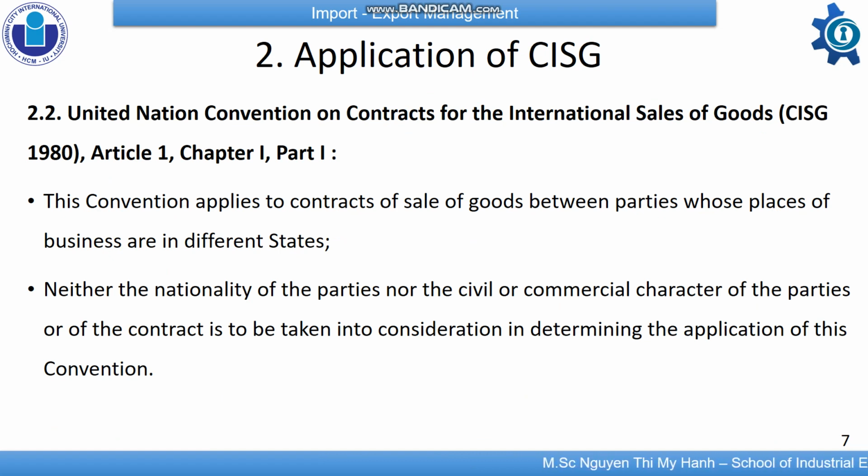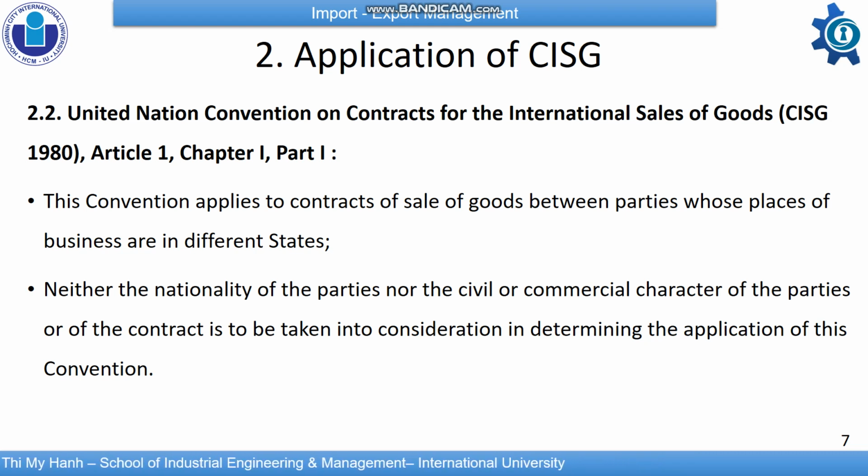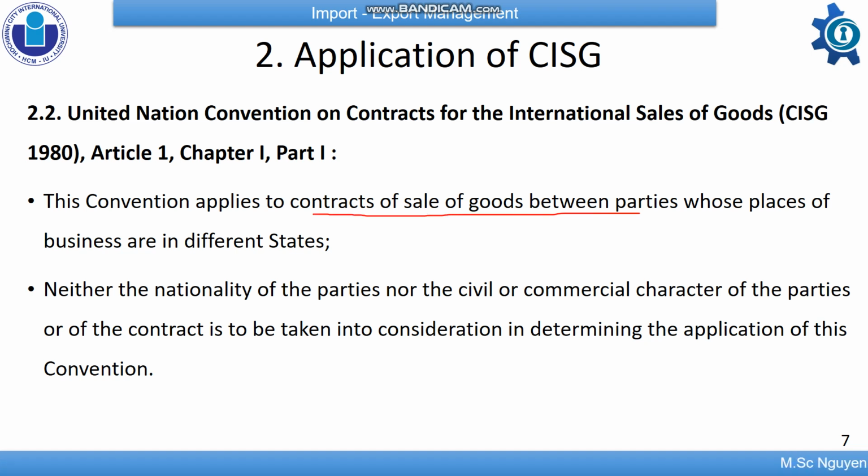How about other law? If we look at the United Nations Convention on CISG in 1980, the convention applies to contracts of sale of goods between parties whose places of business are in different states.